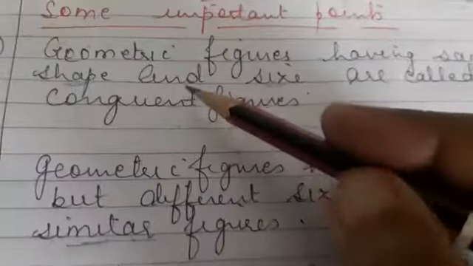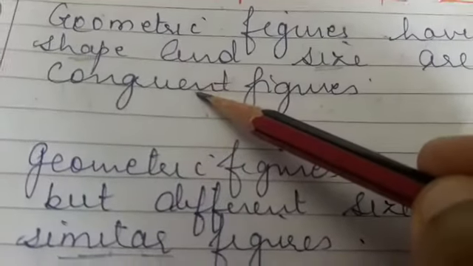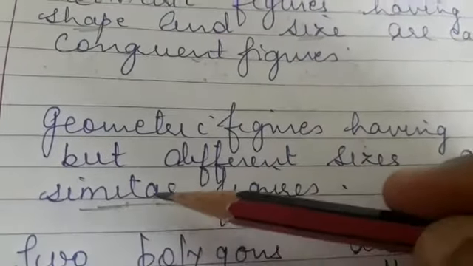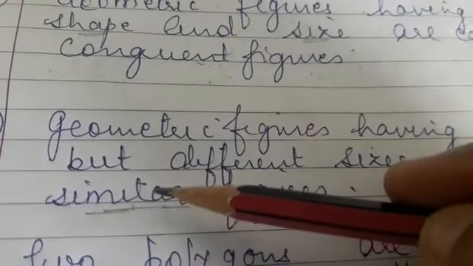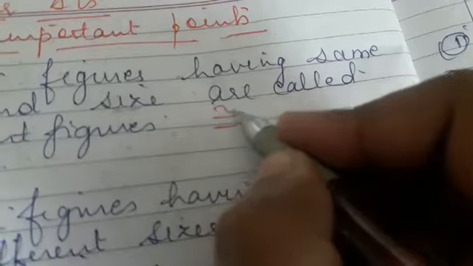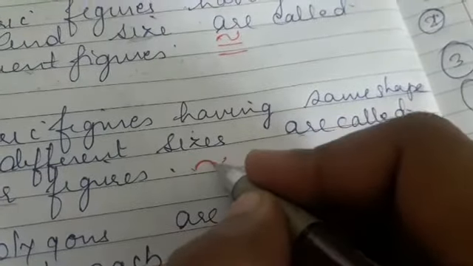Congruent figures will be superimposed and exactly cover each other, but similar figures have the same shape, not necessarily the same size. When we write congruent, we write this symbol, and this is the symbol of similarity, right?